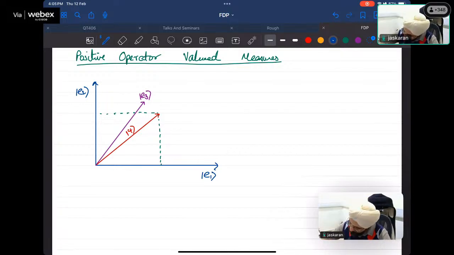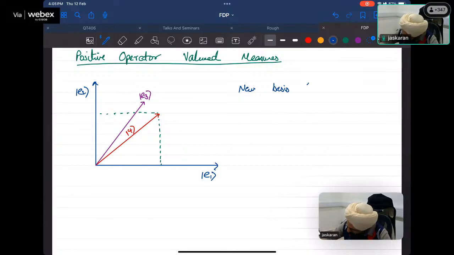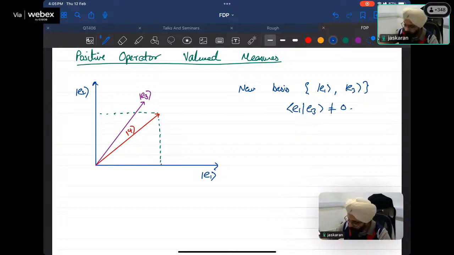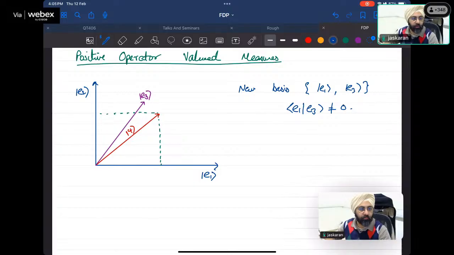So now my new basis corresponds to ket E1, comma ket E3, such that the inner product between E1 and E3 is in general not equal to 0. So they are not orthogonal to each other. And the idea of the measurement remains the same. We have a different basis in which the elements are not in general orthogonal to each other.